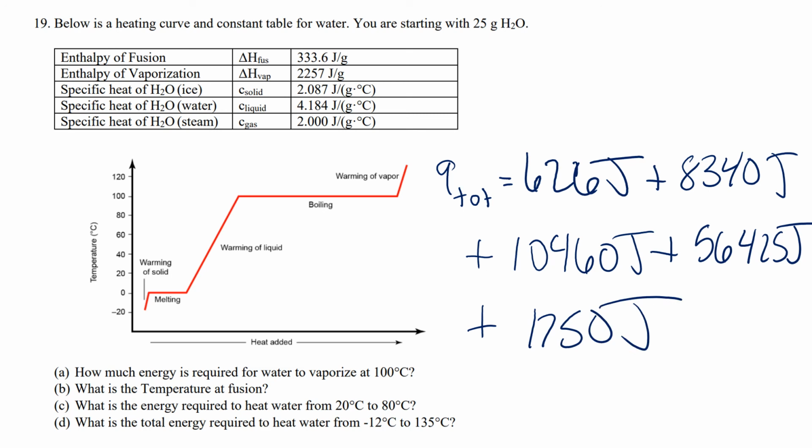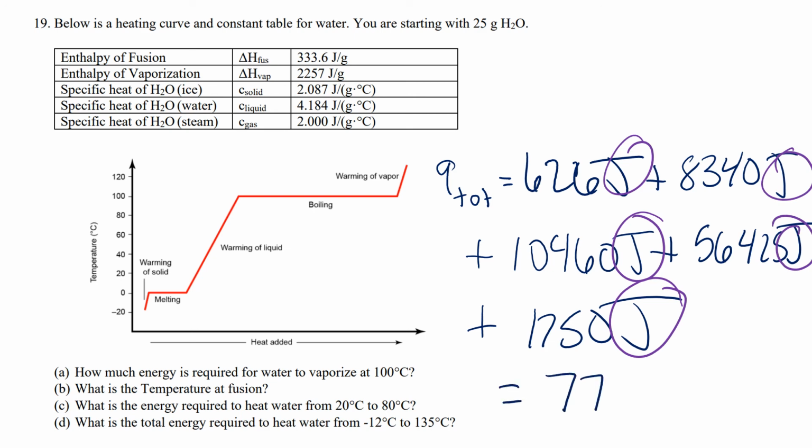It's important to make sure all of your units are consistent, so make sure you don't have kilojoules and joules, make sure they're all the same. So I get 77,601 joules, or just 77 or 78 kilojoules if you round up.